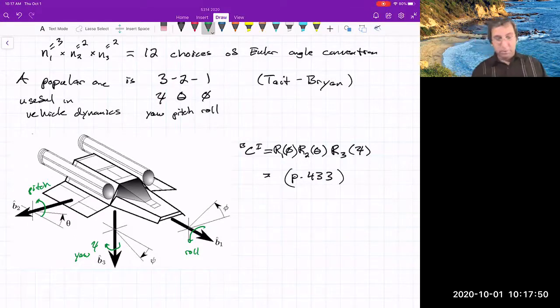This defines positive roll. Positive pitch, my thumb pointing in the B2 direction. Positive pitch means pitching up. What about yaw? What's positive yaw? My thumb pointing down. Positive yaw means turning to the right. So there we go.